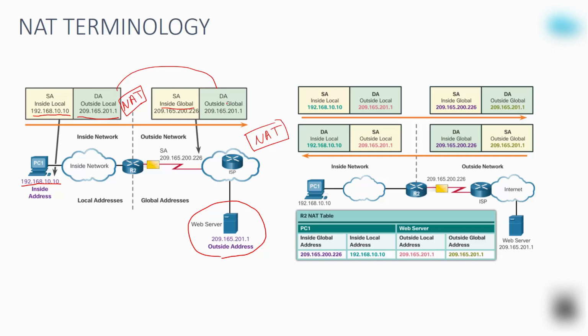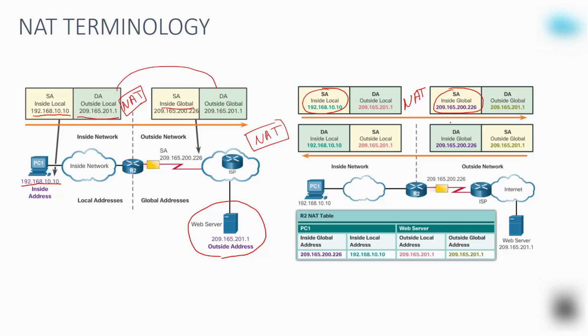So when our PC1 communicates with the server, look, when our PC generates the communication, its IP address is 10.10.10.10. The packet's IP address, when it is leaving the network through the router where we are going to configure NAT, is going to be changed to the inside global IP address.